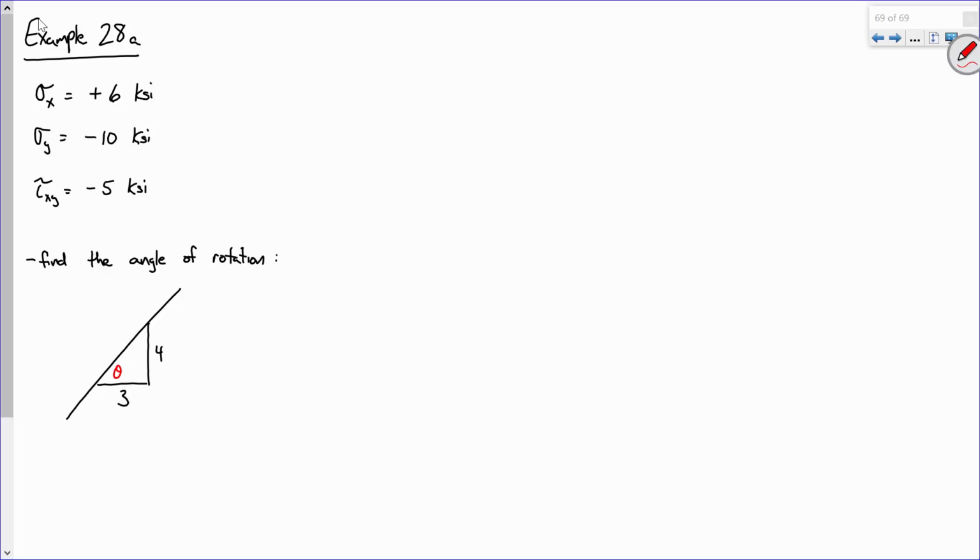Okay. So I'm just going to go back to the basic trig, and I propose that the tangent of that angle is 4/3. Sound good? Opposite over adjacent. SOH CAH TOA. So theta is the inverse tangent of 4/3.